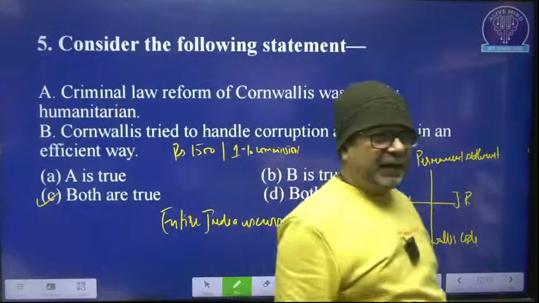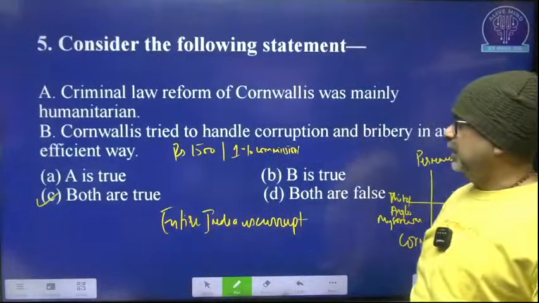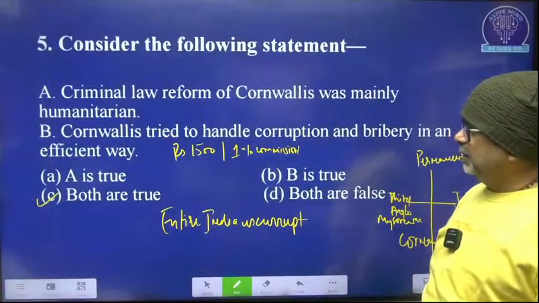So 1500 salary and 1% commission on the entire amount collected by the collector.